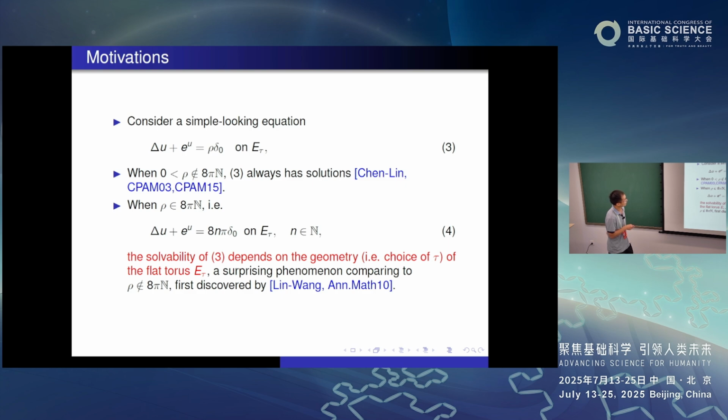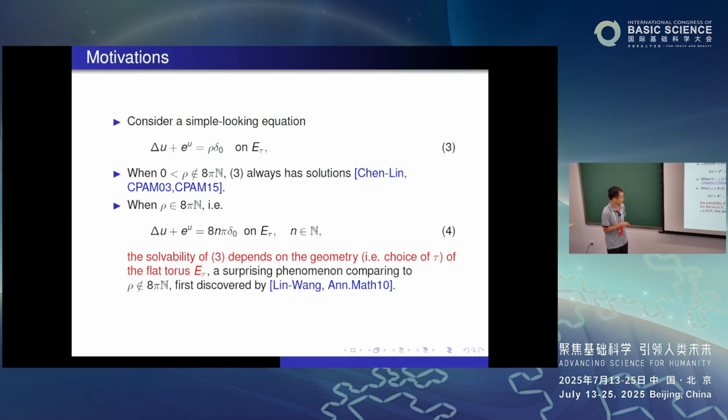So the remaining case is rho equals 8 pi times some integer n. But this case tends to be very challenging. And it turns out whether this equation has solutions or not depends essentially on the geometry of the torus. That is, it depends on the choice of the second vector tau.